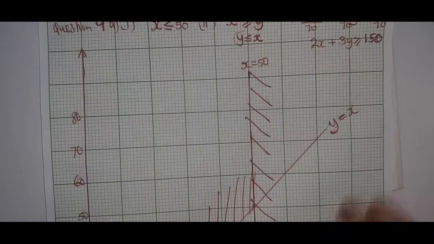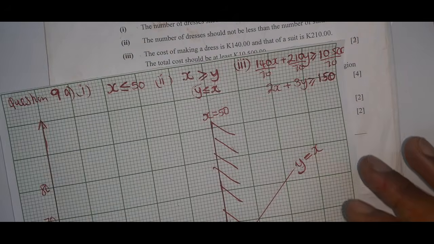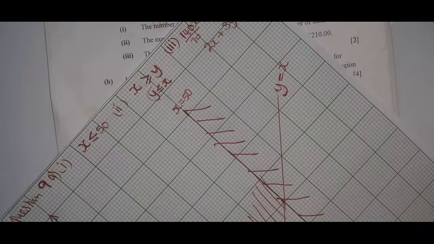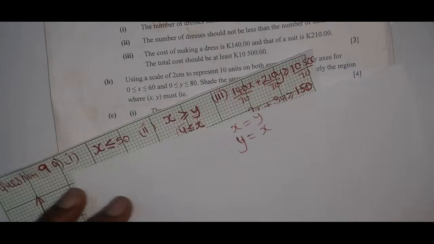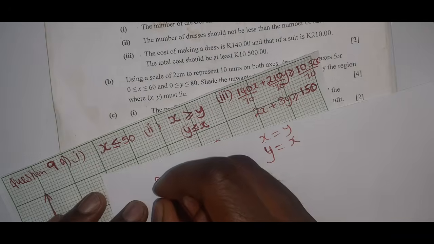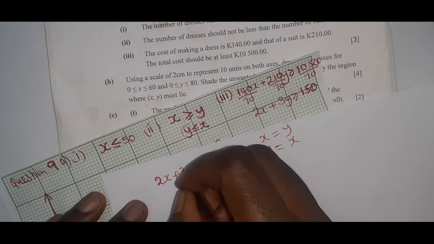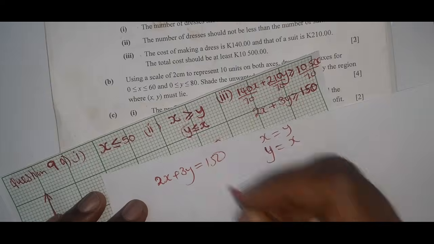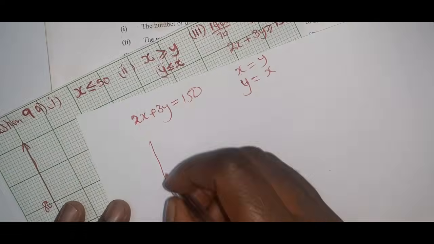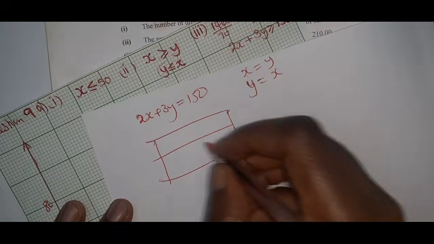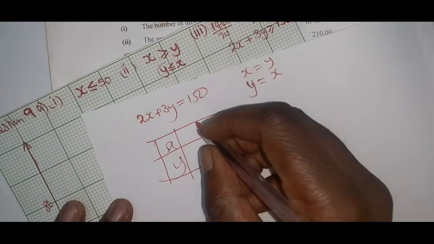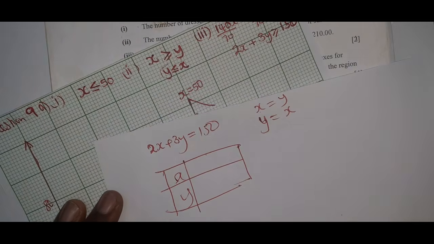Now take note, we have this one here. Also this one, in terms of an equation, is 2x plus 3y is equal to 150. So we need to come up with a table of coordinates.